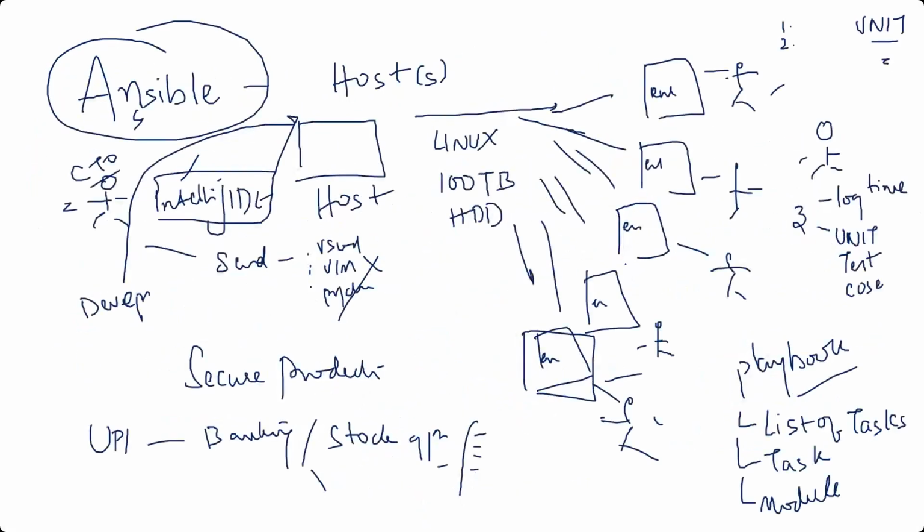So in case of such test cases, coming back to this example, if your CTO wants you to perform three tasks in a given day: log your dev time, write your unit test cases, and write code.